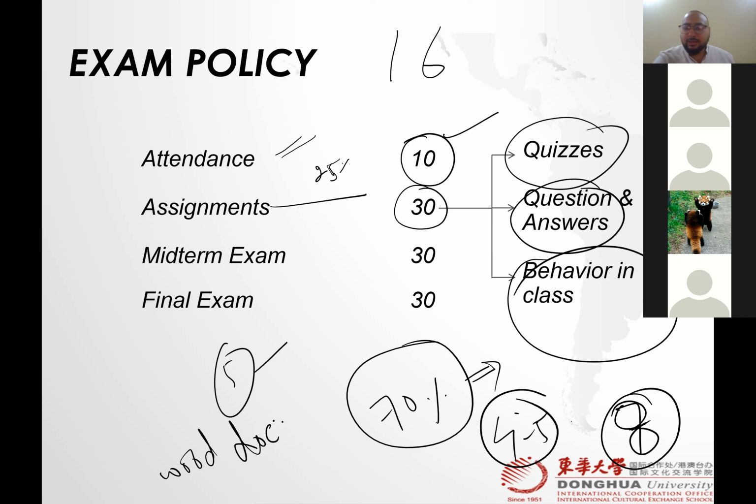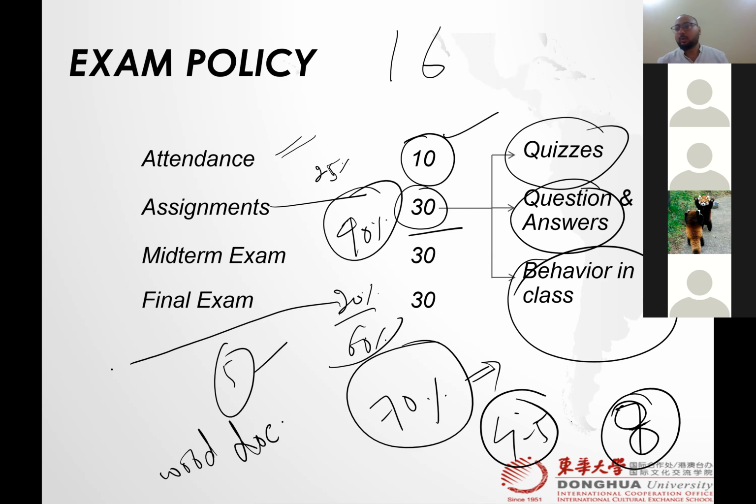If you pay close attention, 40% of the marks are in your hands: 10% attendance and 30% assignments. The passing rate is 60%, so you just need to work hard for 20%.